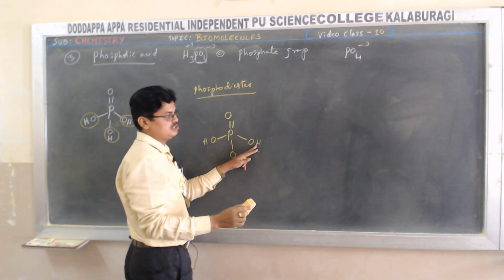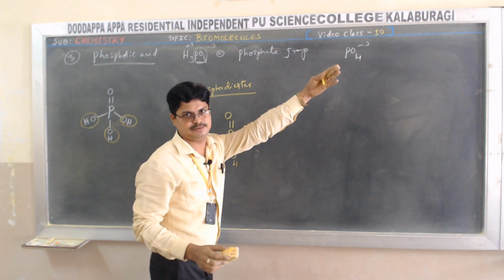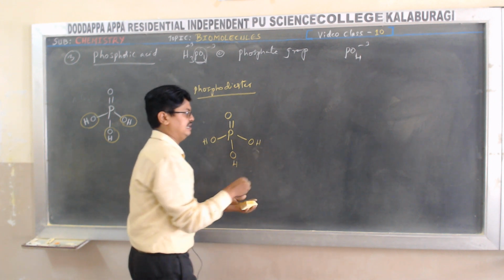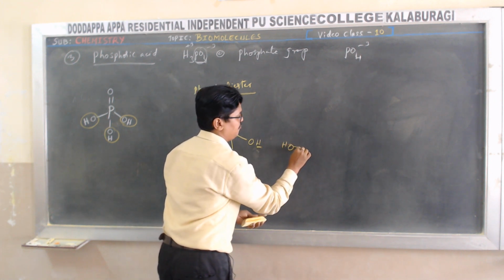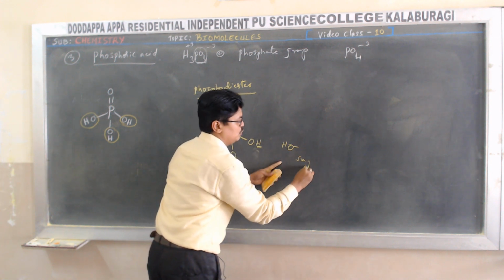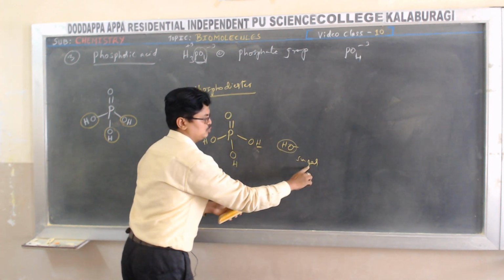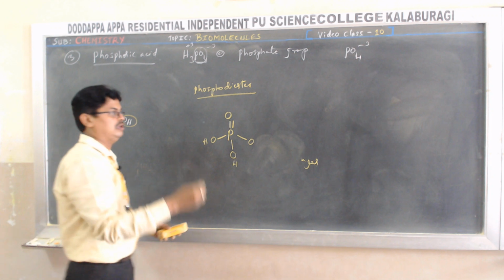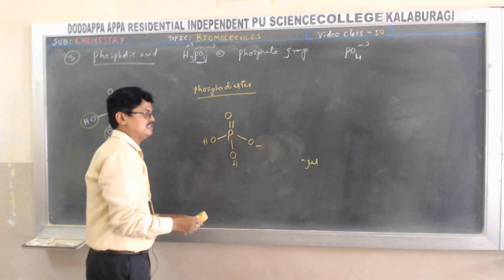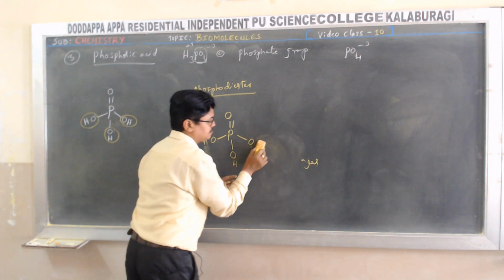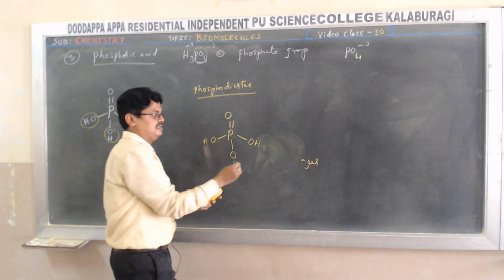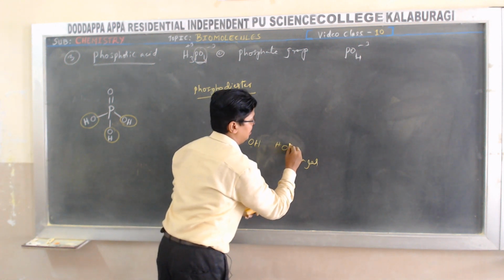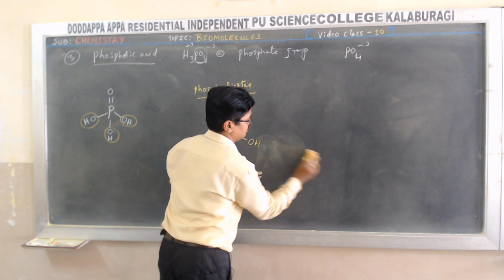That is, the OH of phosphoric acid links with the OH of the sugar, eliminating a water molecule. This hydrogen and the OH of the sugar are eliminated to form a water molecule. So now it becomes O minus. Here also the same. Otherwise, the OH of the phosphoric acid links with the OH of the sugar. Of course, I am not showing the entire structure. Otherwise, I need to show the entire structure here, like this.